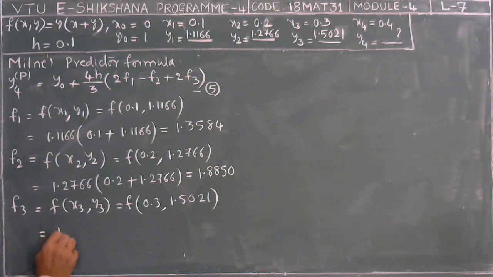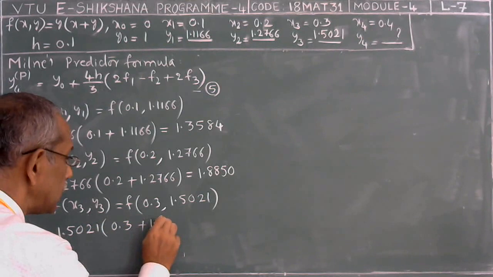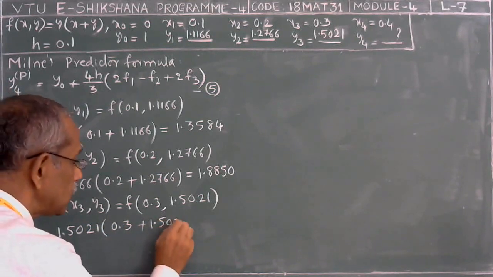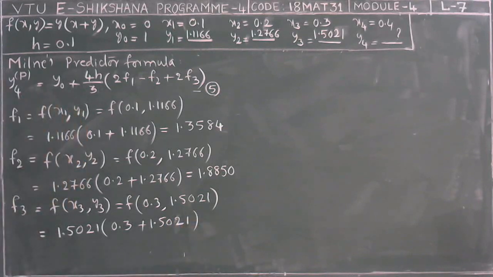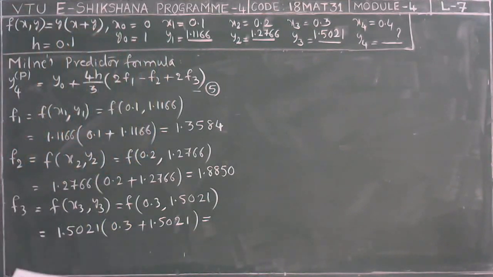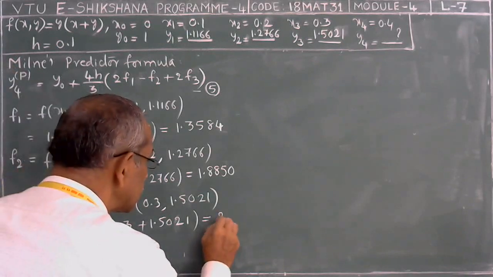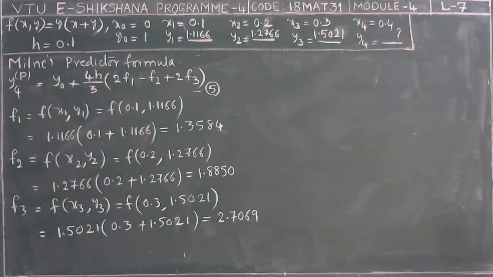So this is y into (x plus y), 1.5021 into (0.3 plus 1.5021). If you calculate this carefully, you get f3 equal to 2.7069.